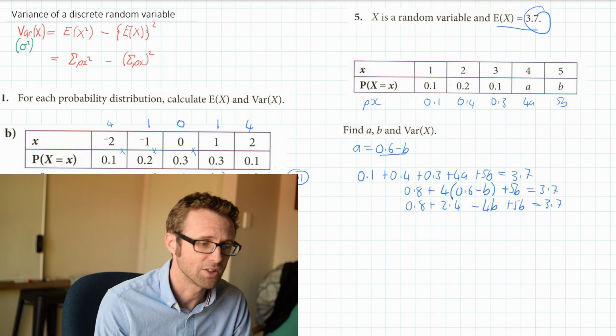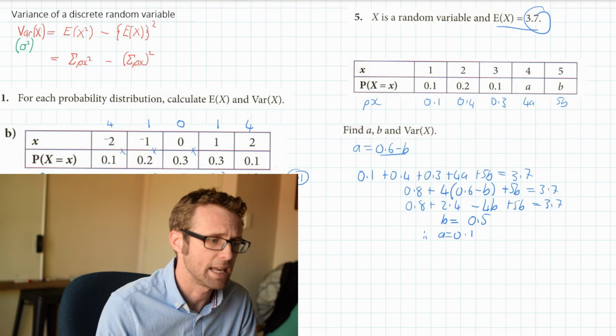Well, what do we have here? This is 0.8 plus 2.4 is 3.2. I'll pull that across to the other side. So I'm going to get b is equal to 0.5, in which case a is equal to 0.1.